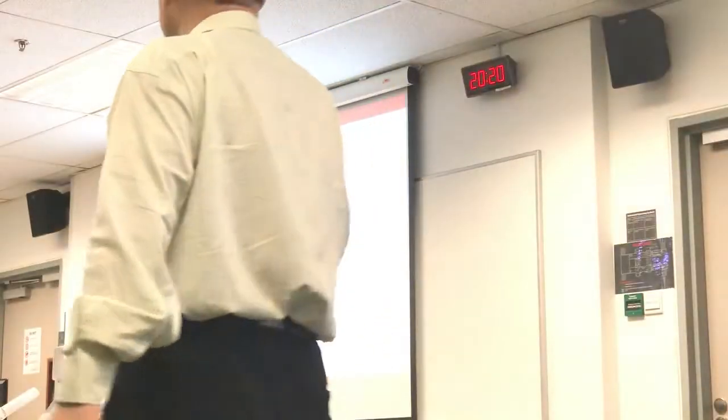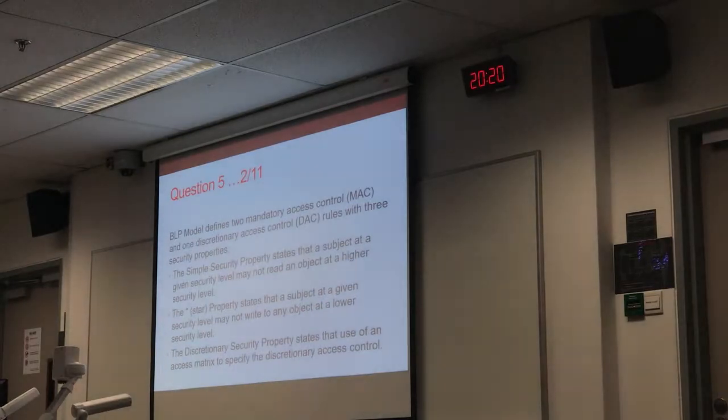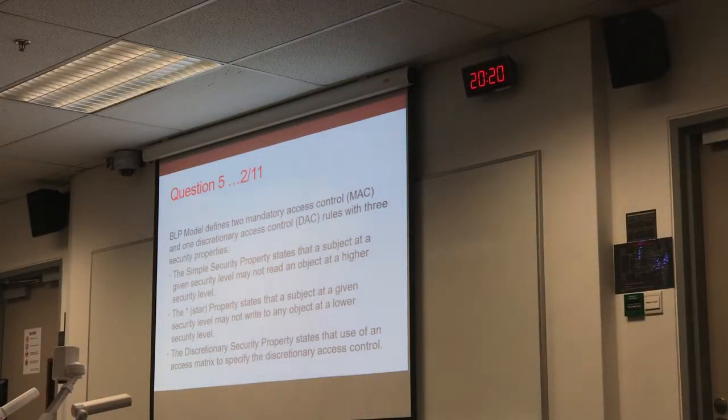So this is the BLP rule: 2 mandatory access control rules and 1 discretionary access control rule, with 3 security properties. The simple security property says that a subject at a given security level cannot read at a higher level. The star property says that a subject at a given security level may not write to any object at a lower level.